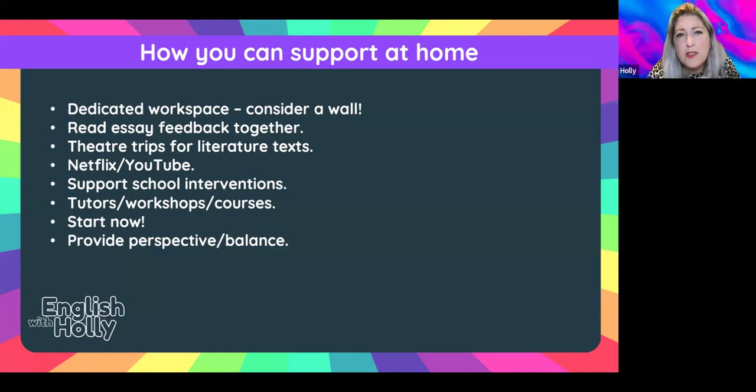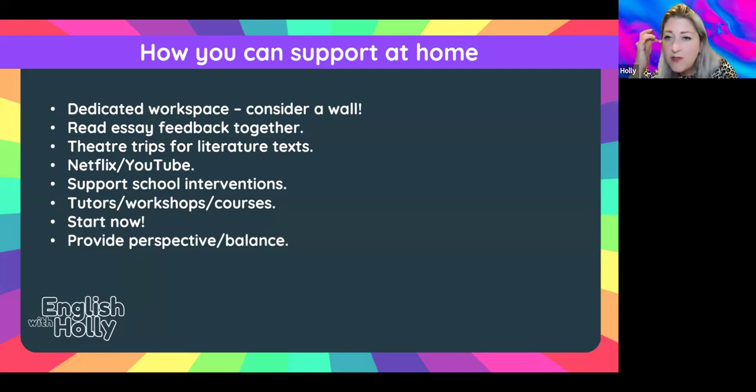So seeing things in the theatre, or my next bullet point, Netflix and YouTube, watching film versions is a brilliant way of getting the story together and making sense of the events of the narrative, because they absolutely will need that for literature.